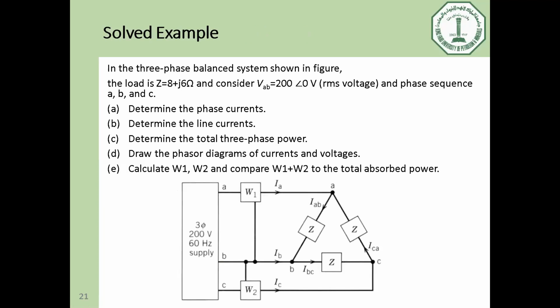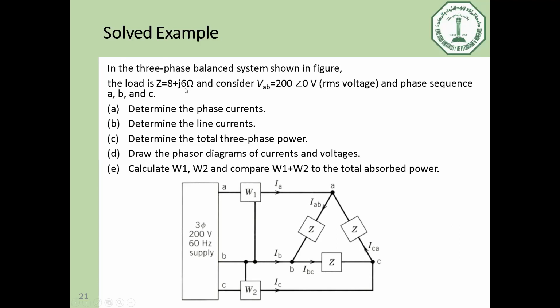Right, let's have a solved example in order to recognize how we can use this in 3-phase circuits. Assume we have a 3-phase balanced system shown in this figure, and there are some devices here we are going to discuss maybe next class, inshallah. The load is Z equal to 8 plus j6 ohms.